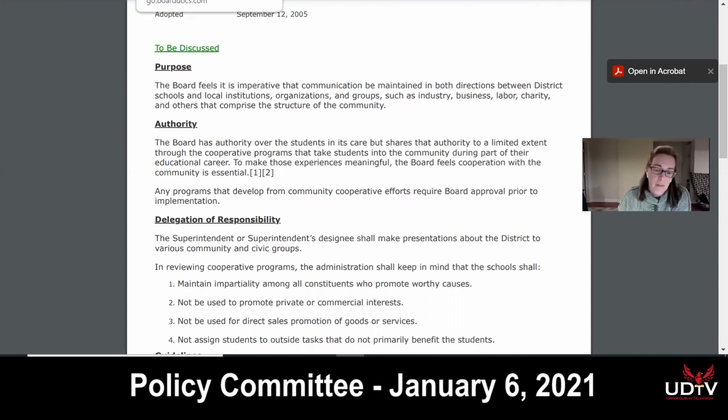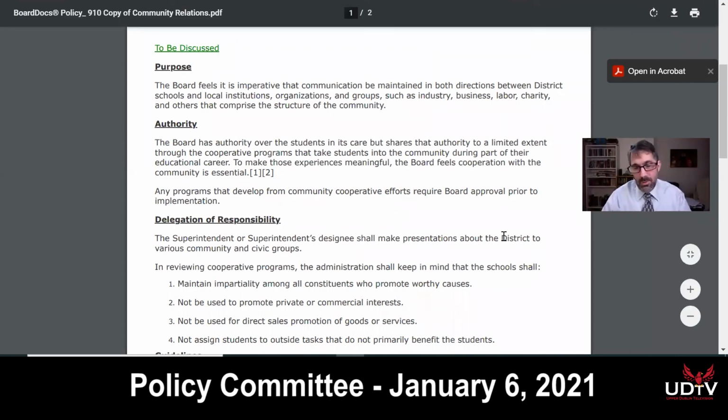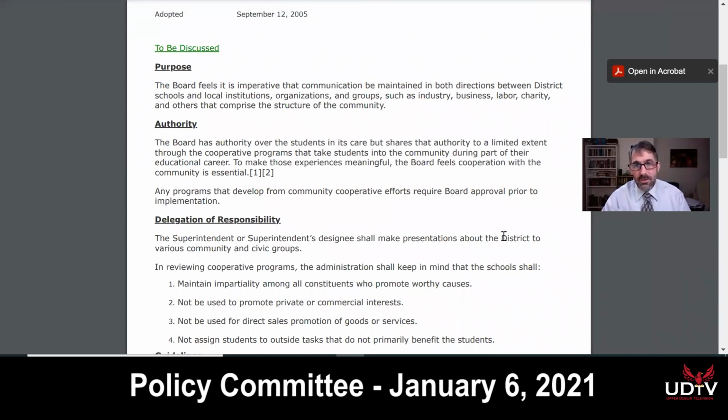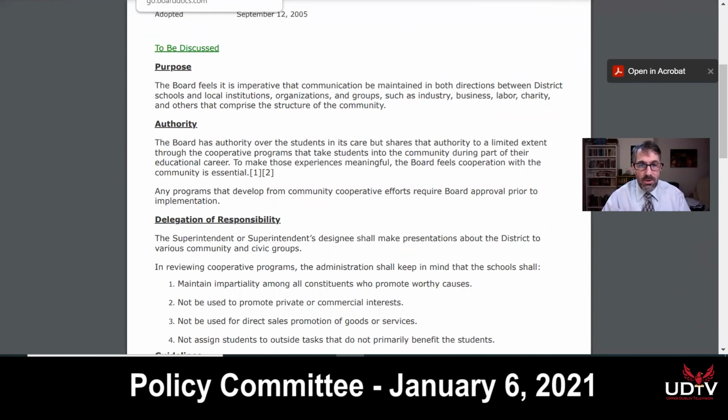Anybody else? Mark? Mr. Schroeder? Thanks. Yeah, I agree that the umbrella policy and multiple ARs is a sensible approach. I think this particular older policy is, even by itself, already a little bit fractured.